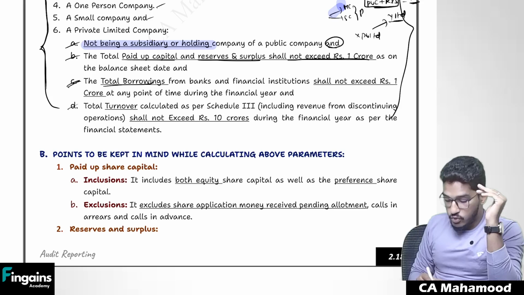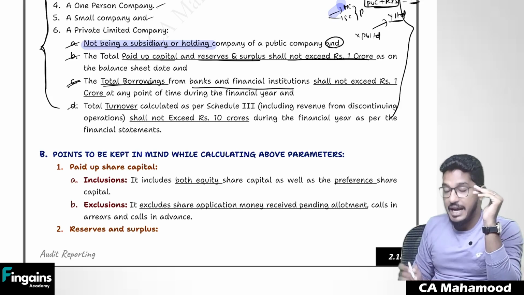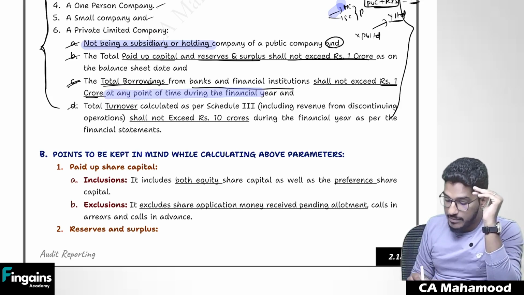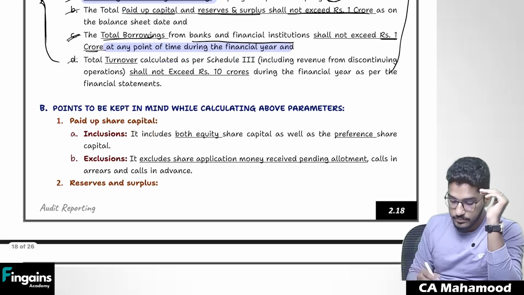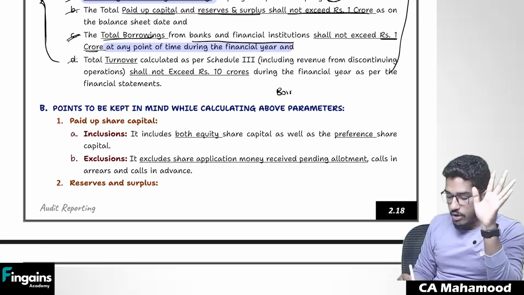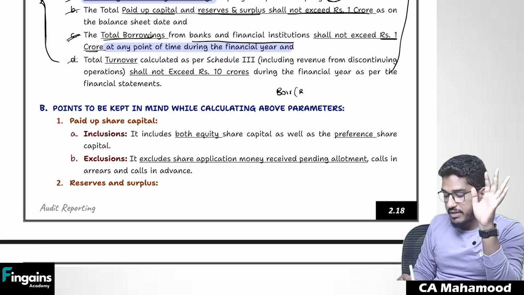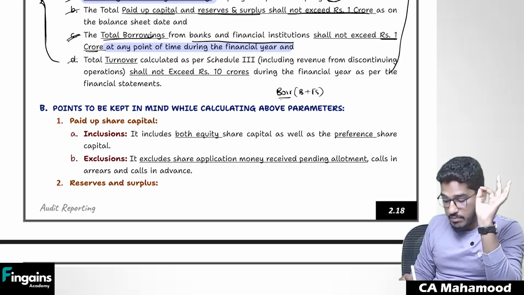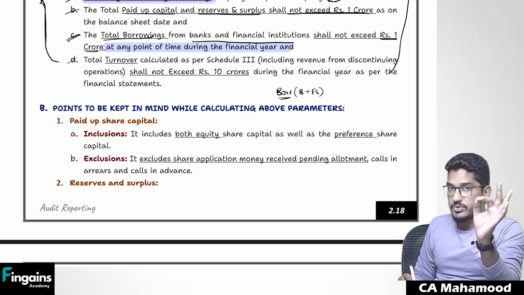Next condition, the total borrowings from banks and financial institutions shall not exceed 1 crore, and the most important term here, at any point of time during the financial year. So what is the third condition they are telling? You have to calculate the borrowings. Not all borrowings, you have to calculate borrowings only from banks and financial institutions.